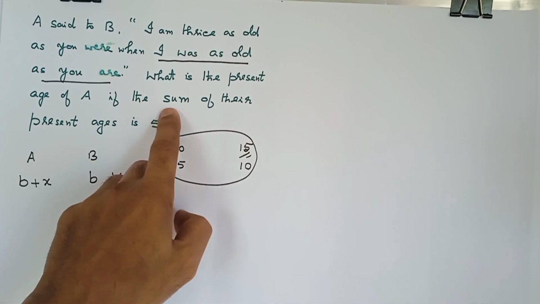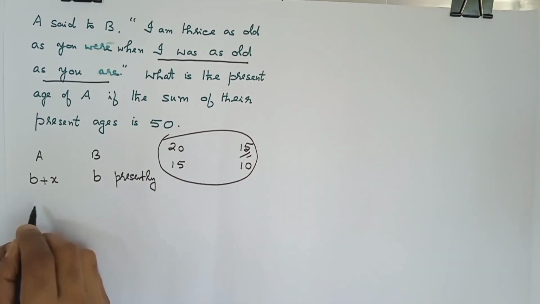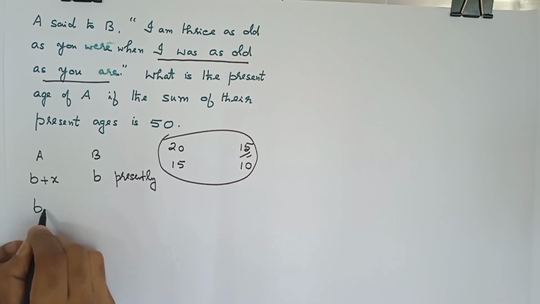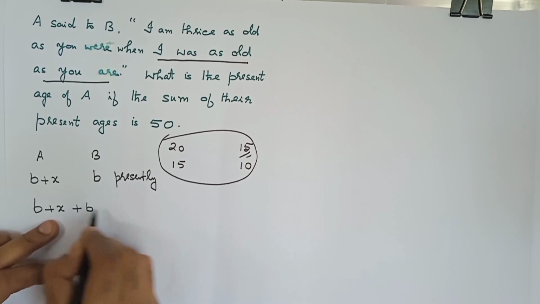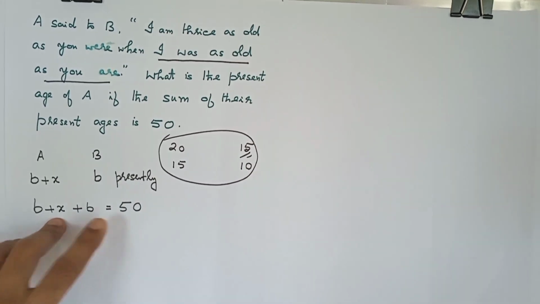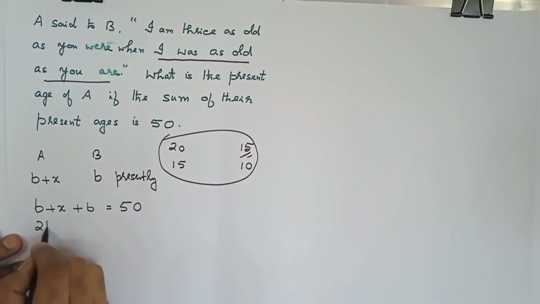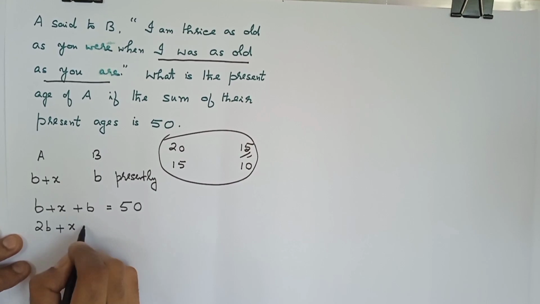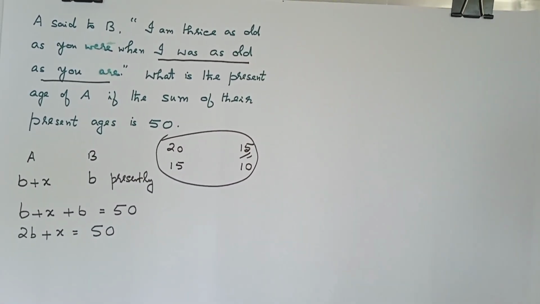Here it is given that sum of their present ages is 50. This is sum of their present ages. That is given to be 50. So you can write it as B plus B plus X, 2B plus X is equal to 50. Okay, leave it there.